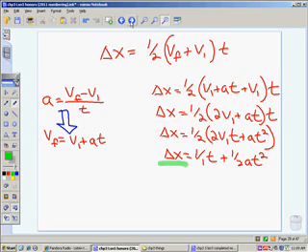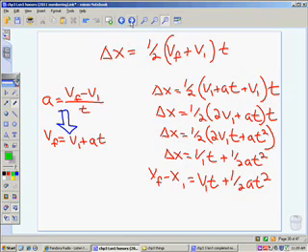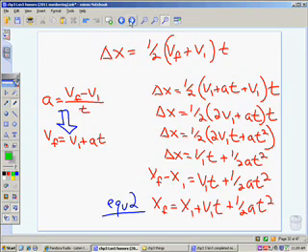Now let's look at the delta x. Once again, we're going to expand that to be x sub f minus x sub i. And the right-hand side stays the same. Then we move the x sub i to the other side by adding it to both sides. And we get equation 2. x sub f equals x sub i plus vi t plus 1/2 at squared.